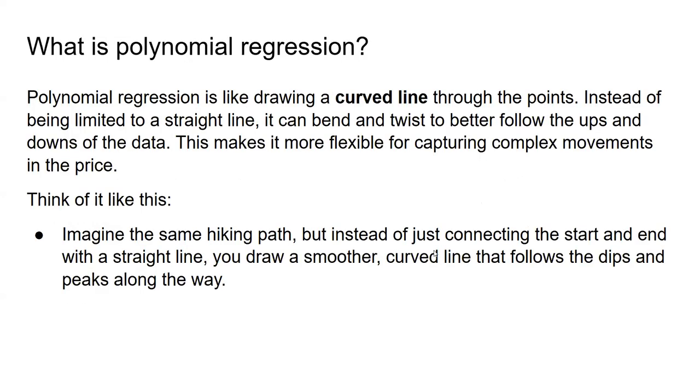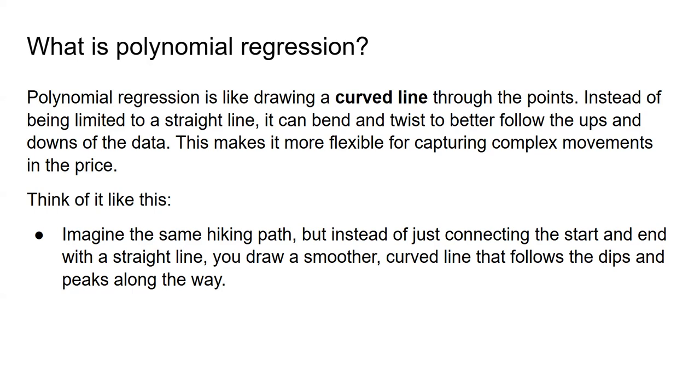Okay. What is polynomial regression? You might have a question in your mind, what is polynomial regression? So polynomial regression is like drawing a curved line through the points, instead of being limited to a straight line. For example, in linear regression, data is collected and calculated, and a straight line is drawn.